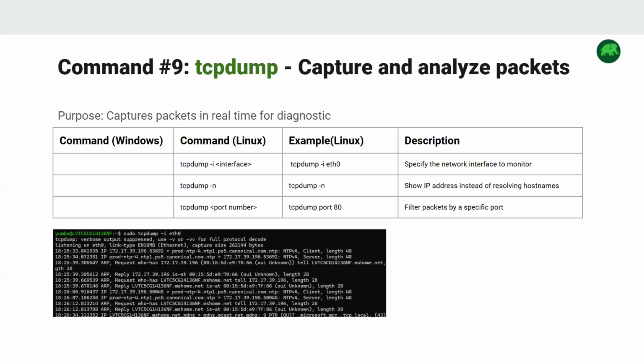So this is where you need to monitor a specific interface. tcpdump -n, show IP addresses instead of resolving host names. tcpdump with a port number, it filters packets by a specific port.